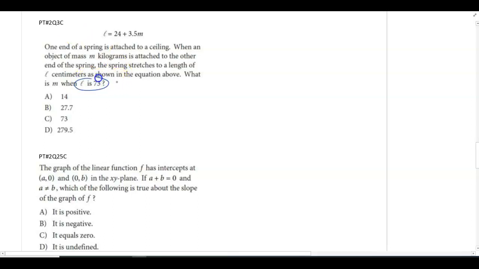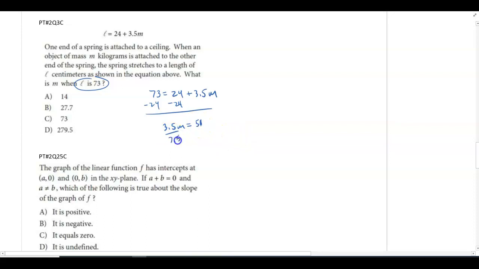Well, if L is 73, what I'm going to do is just plug that value in. 73 equals 24 plus 3.5 M. Now, all I have to do is basically go ahead and solve for M. Subtract 24. 3.5 M equals 51.